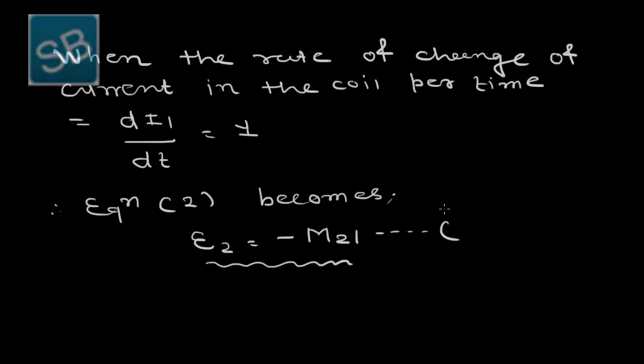So here also the self-inductance and the mutual inductance have totally opposite sign with relation to negative, meaning induced EMF. So this is your equation number 4, I think.